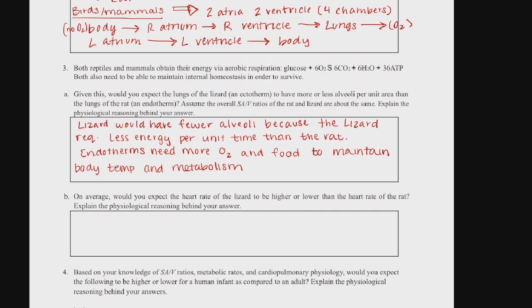We need more delivery to our cells to maintain our metabolism. So the heart rate of the endotherm, the rat, is going to be higher than the lizard.